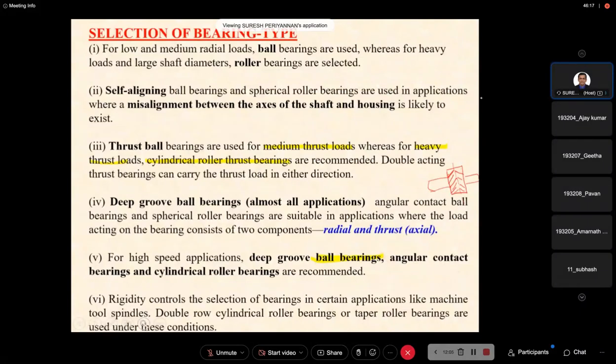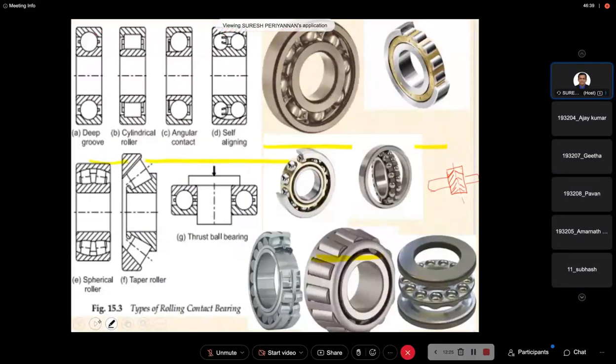For high speed applications, deep groove ball bearings are the first option. Second option is angular contact bearing. Third option is cylindrical roller bearing, the roller contact bearing. But in most applications we are using deep groove ball bearings.